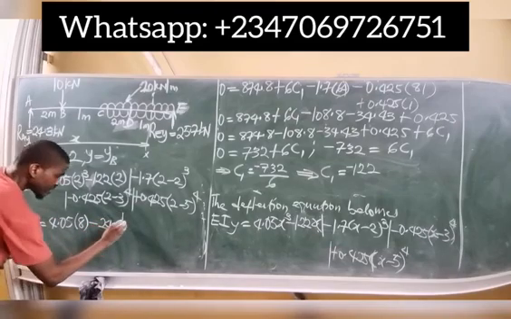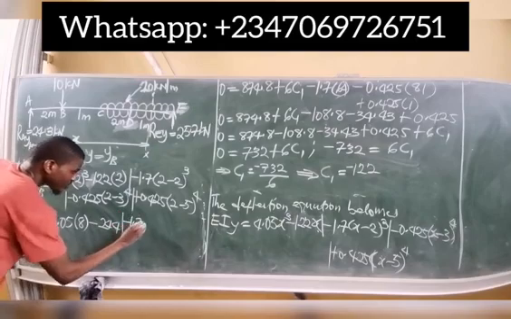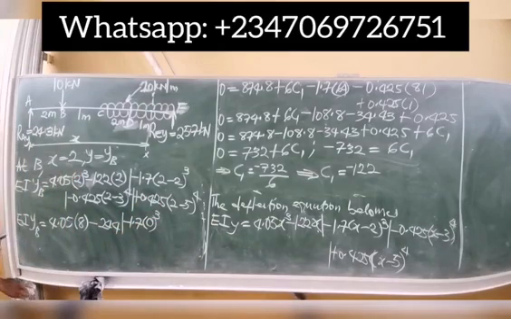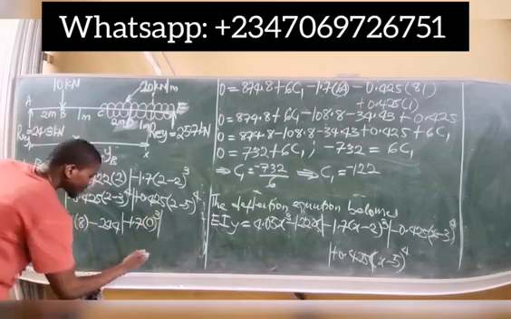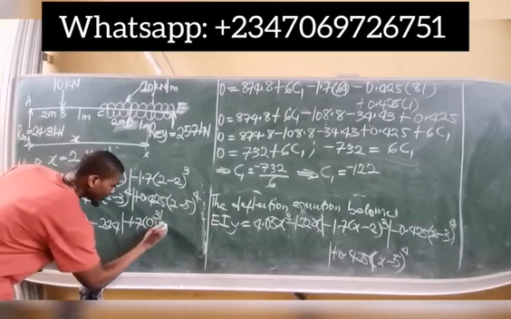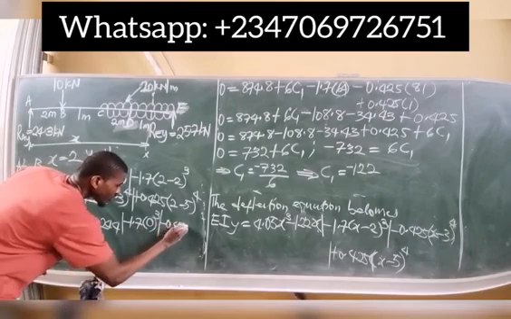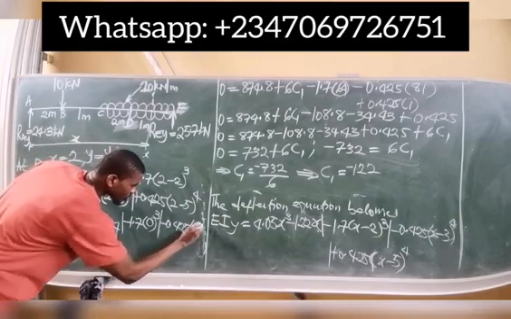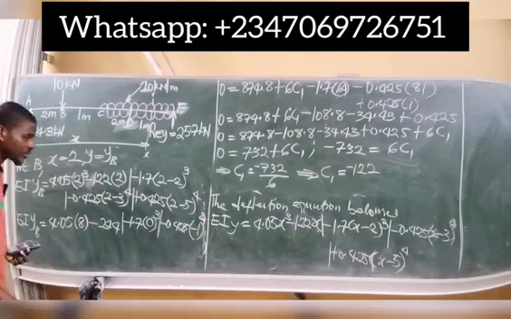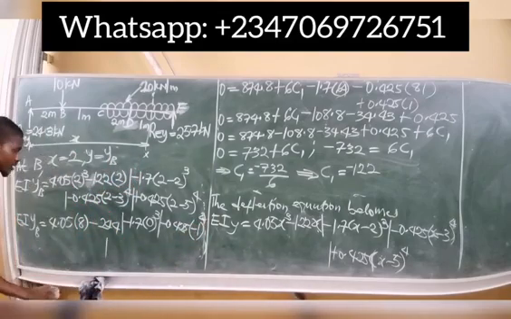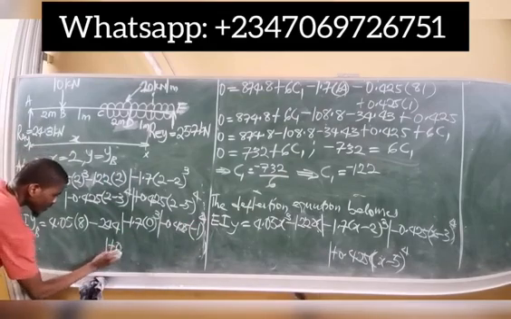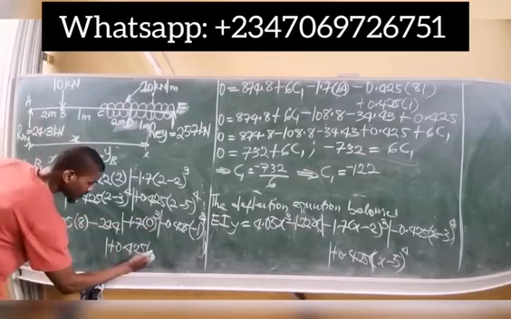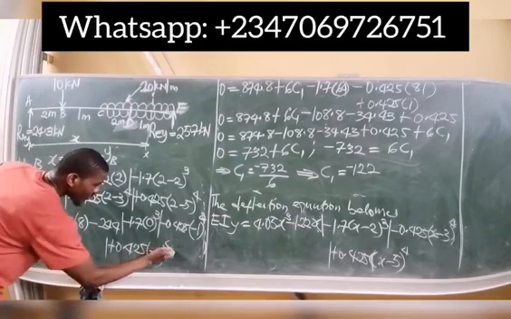Put down your Macaulay's bracket. Here we have minus 1.7 into 2 minus 2, here is 0, so that's 0 to the power of 3. Put down your Macaulay's bracket. We have here minus 0.425 into 2 minus 3, here is simply minus 1 to the power of 4. Final Macaulay's bracket. You have here plus 0.425 into 2 minus 5, here is minus 3 to the power of 4.